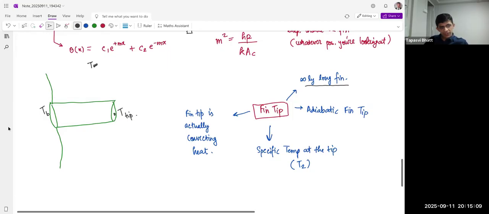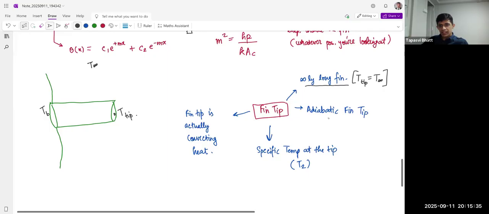If the fin is infinitely long, this TB is not going to affect the temperature of the tip, right? Because it's very far away. So in the first case, we can say T tip is equal to T infinity. Hopefully I'm correct, because I don't have this in my notes, but this is what I'm guessing most likely is true.